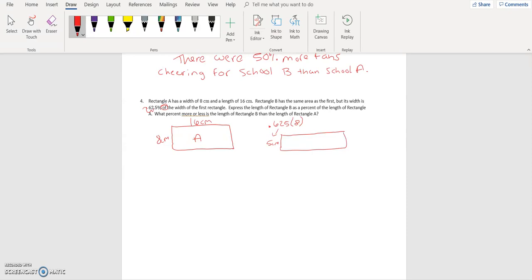Okay, it's got to have the same area though. And so it says express the length of rectangle B as a percent of rectangle A. So we know that this has got to be longer because this is smaller. So 8 times 16, we need to find our area here.